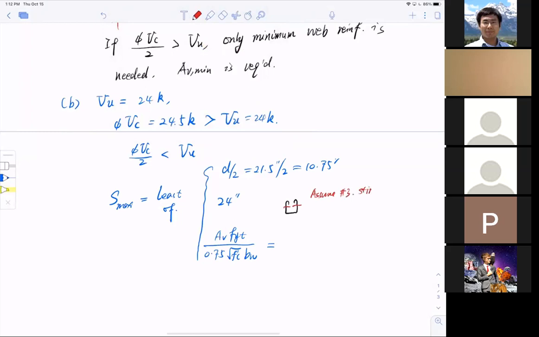For number 3, each leg is 0.11 inch squared. So AV equal to 2 legs multiplied by 0.11 inch squared, so 0.22 inch squared.